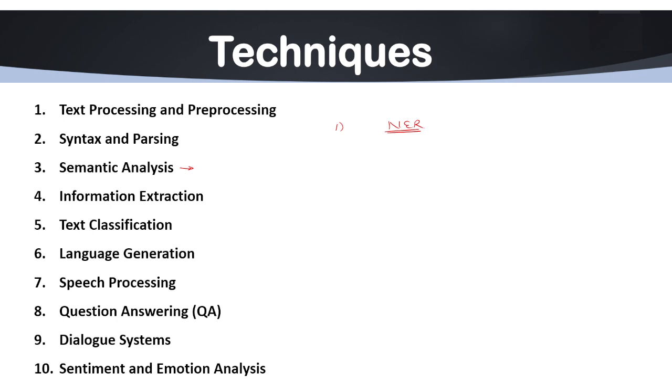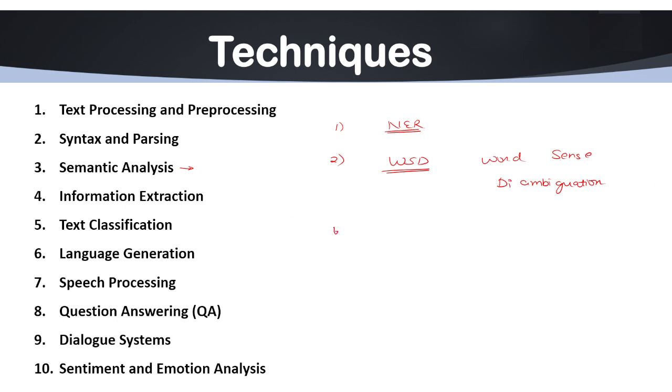Okay, so this is basically named entity recognition. Another technique under this is WSD. WSD stands for Word Sense Disambiguation. So it helps in determining the correct meaning of a word based on context.